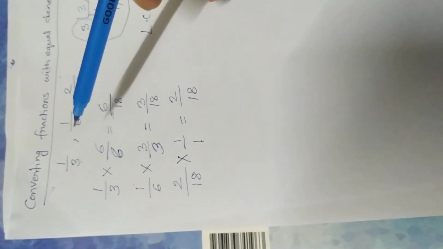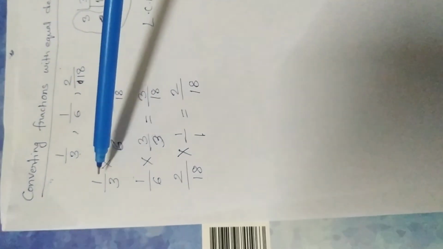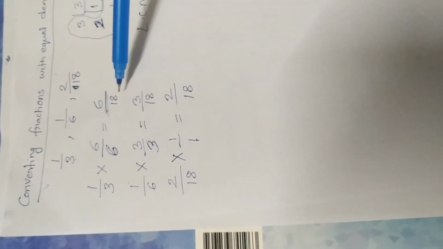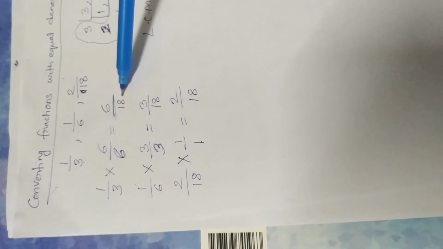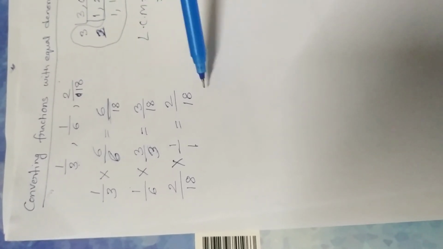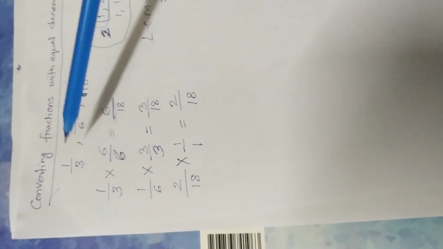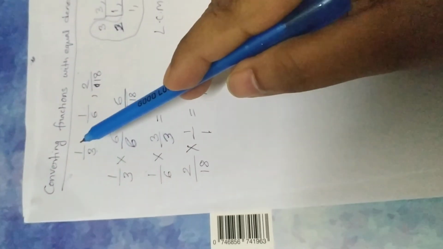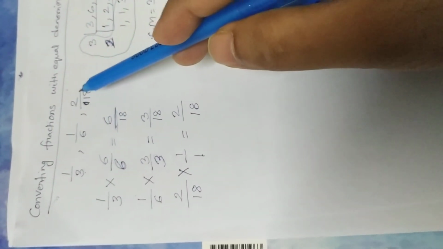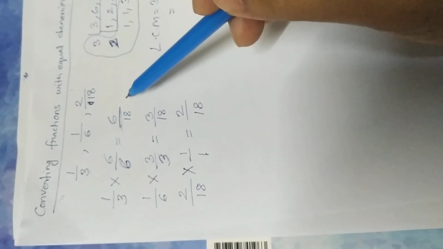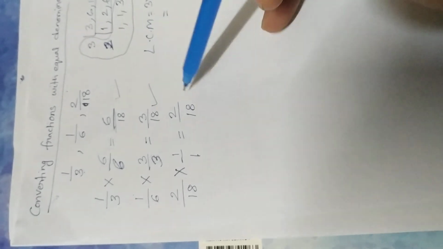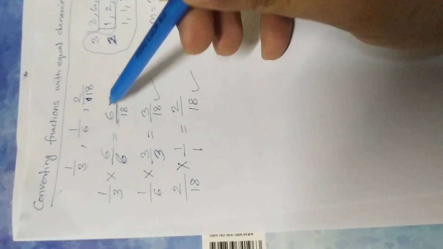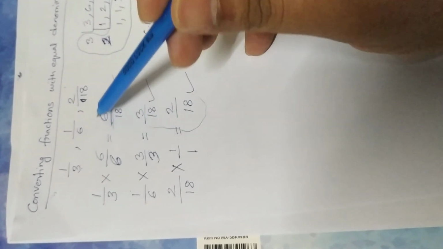Now we have converted all these three fractions to the same denominator. 18 is over here, 18 here, and 18 here. So if we convert 1 by 3, 1 by 6 and 2 by 18 with equal denominators, we get 6 by 18, 3 by 18 and 2 by 18. So this is our required answer.